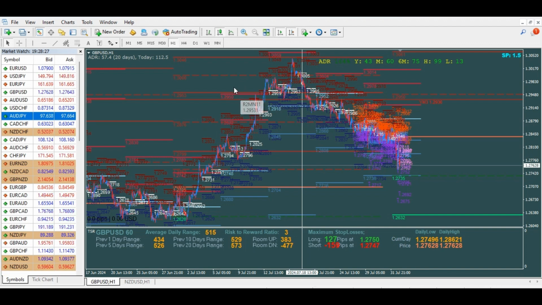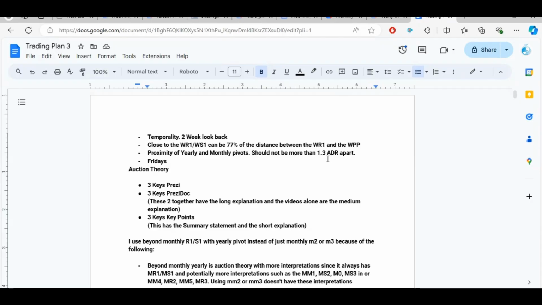But if the pip distance happens to be 1.3 times the ADR, that would give me pause. I'm not really sure if we should go 1.3 or maybe 1.5. I know definitely something like 1.7 times the ADR.